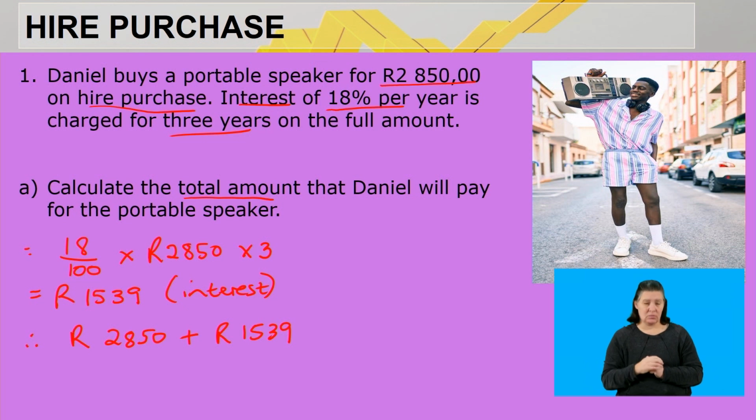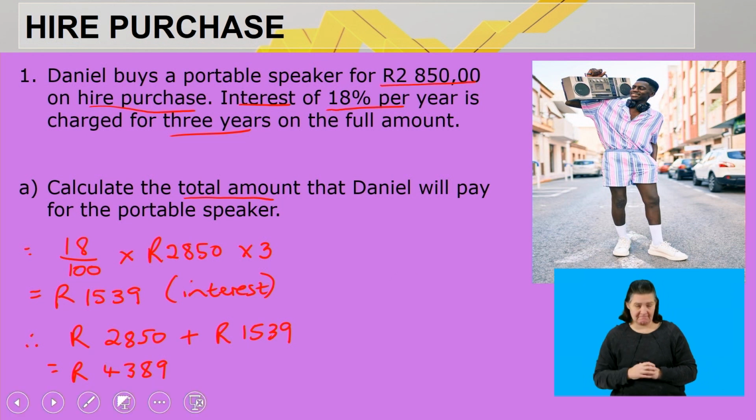Remember, you still need to pay the price of the item as well, so I'm going to add the two amounts together. In total, Daniel will end up paying 4,389 Rand. Guys, I hope that's clear to all of you.